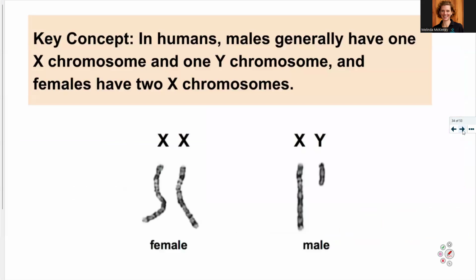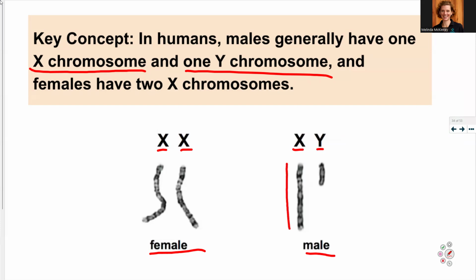Okay. So in humans, the males generally have one X chromosome and one Y chromosome. The Y chromosome really determines the sex of the male. So it's the Y chromosome that makes a male a male. Females have 2 X chromosomes. You can see them over here, 1, 2, and then male over here on the right, 1 X and 1 Y. And you can see that the X chromosome is much larger in humans than the Y chromosome.